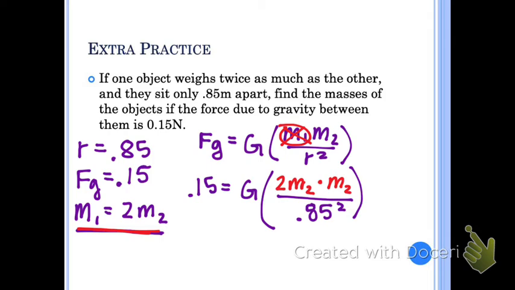All right, so we're going to solve for that. Let's do the math here. Divide over G: 0.15 divided by big G. That gives me a big number. So my G's are canceled. I'm going to take that times my radius squared.